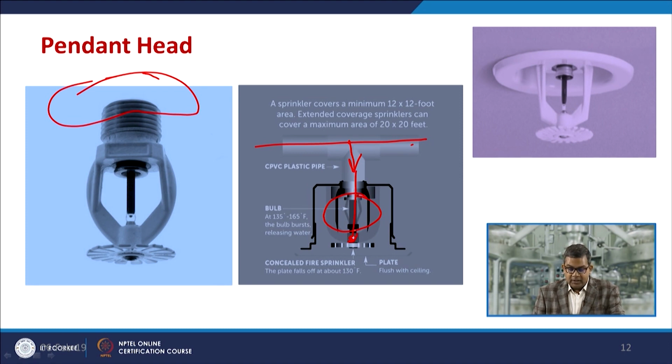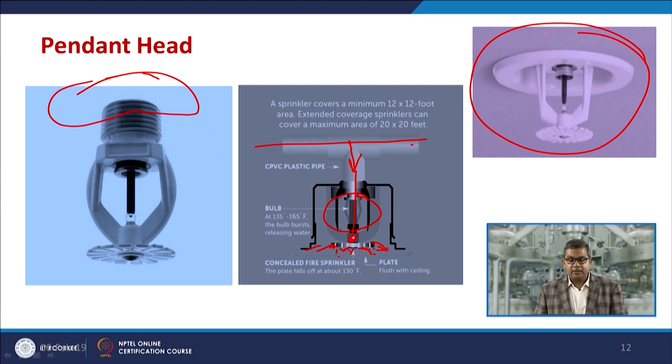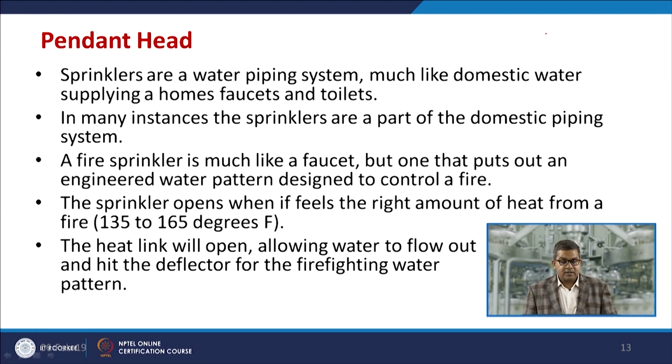There are the concealed fire sprinklers, the plate, or you can say the deflector from the previous slides. So the water may come out from this place to extinguish the fire. This is the figure or the picture of the roof mounted pendant head sprinkler system.